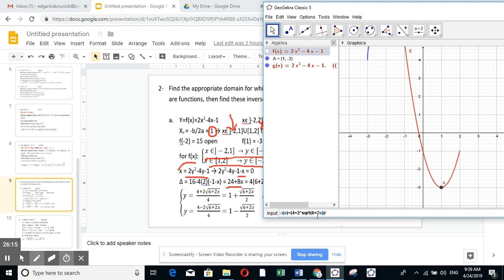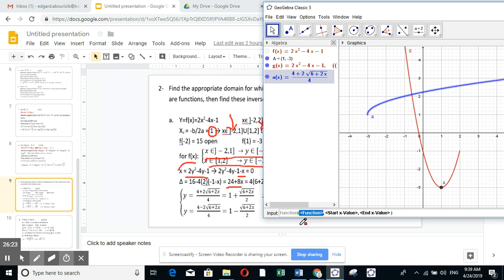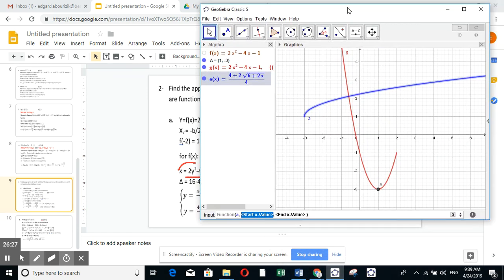And the second one, you have function, let me say function from function a, as we said, start value from the first one, -3 till -1.